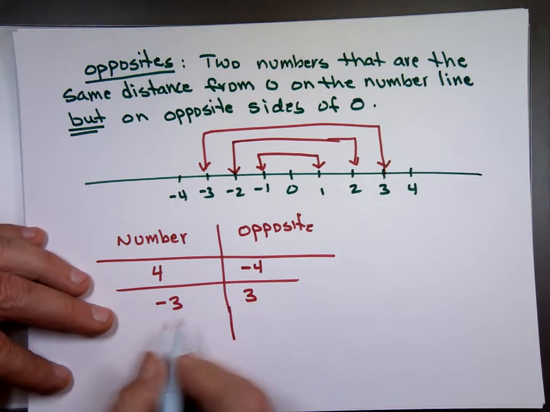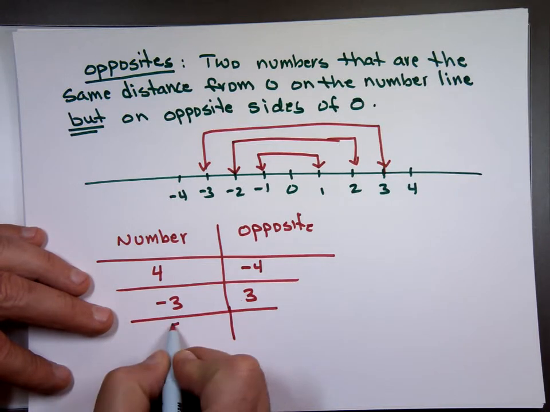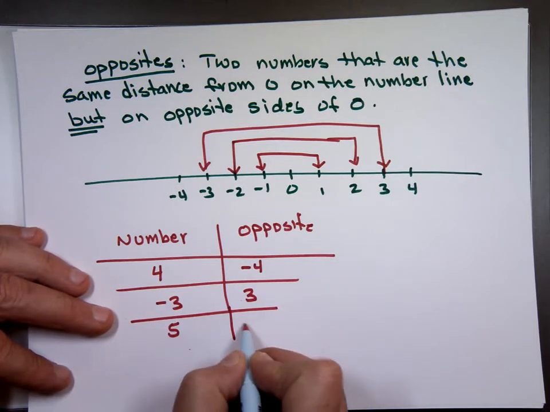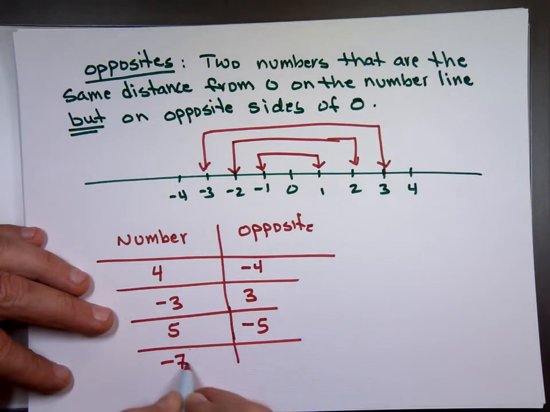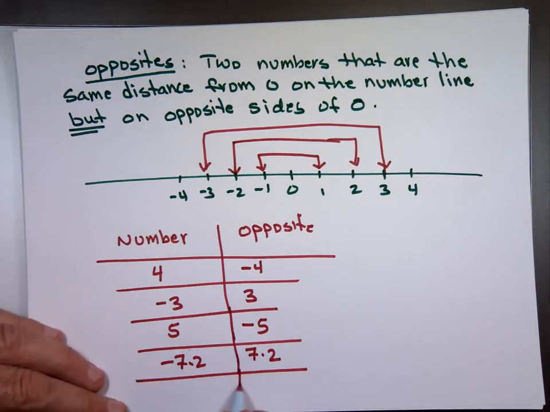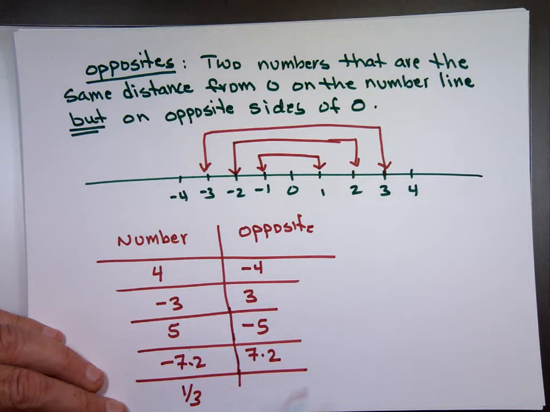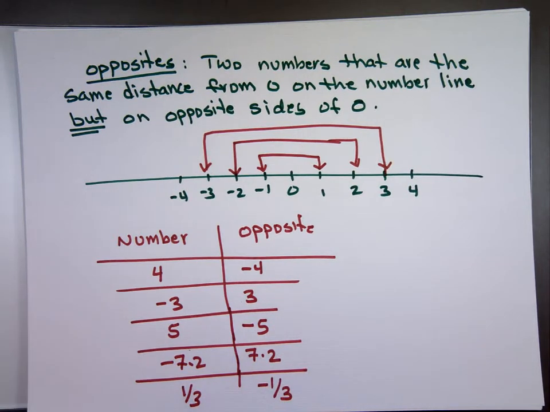Positive 3. What's the opposite of 5? Negative 5. What's the opposite of negative 7.2? Positive 7.2. What's the opposite of 1/3? Negative 1/3. So to find the opposite, we just change the sign.